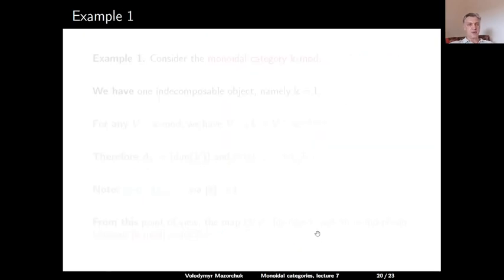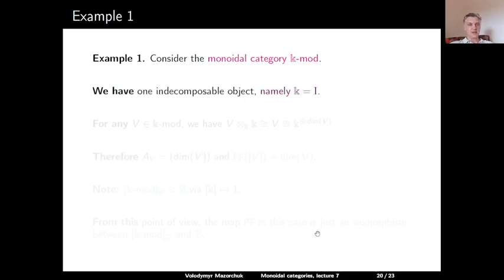Here is example 1. Consider the monoidal category of all finite-dimensional K vector spaces. In this case, we have one indecomposable object, namely the one-dimensional space K, which is also the identity object.